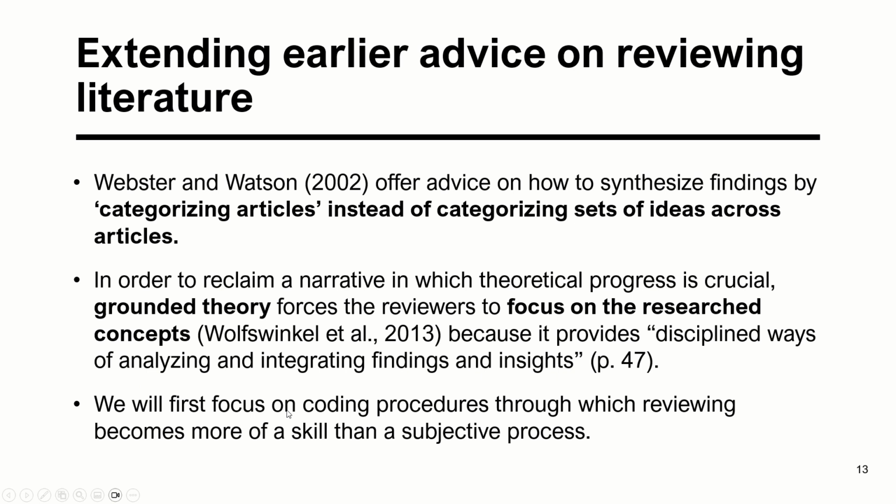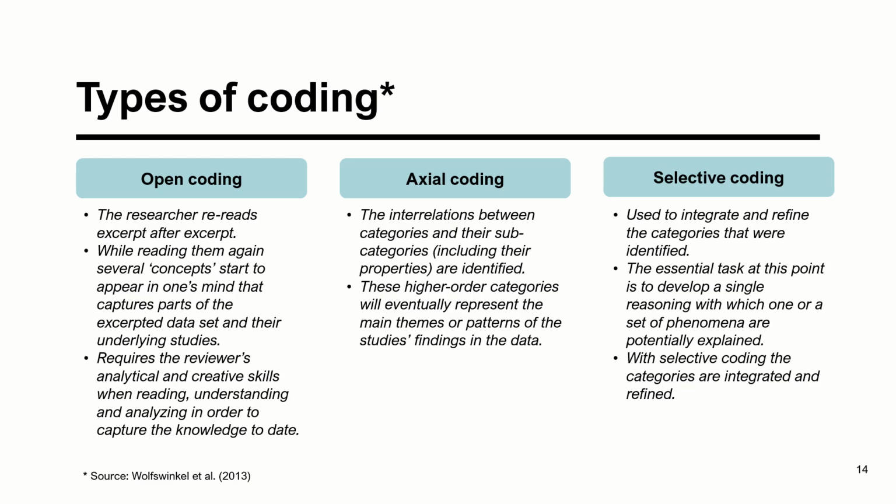Now, let us look at some of the coding procedures in this regard. So, types of coding. The first is open coding. Moving on further, there's axial and then selective coding. Now, what happens within open coding? When we talk about an example, this will become a lot clearer. Open coding is where you just read excerpt after excerpt within your set of articles.